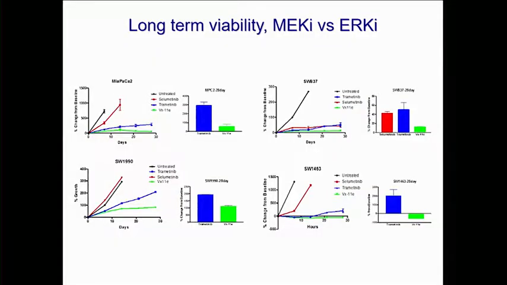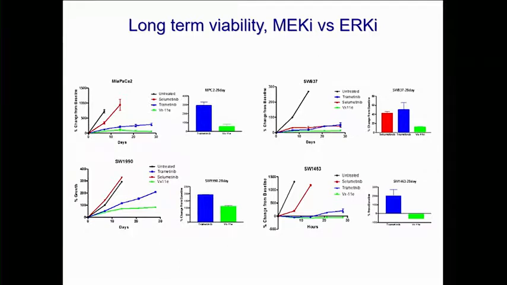Importantly, this ability to produce more sustained inhibition of the pathway actually seems to translate into better efficacy. These are long-term in vitro assays where cells are cultured with drug and media replenished every 3 days. And what you can see is that compared to selumetinib, but also trametinib, in all of these models, you get a clear and statistically significant stronger inhibition of cell viability than with the MEK inhibitors.